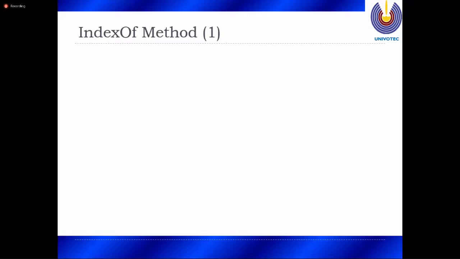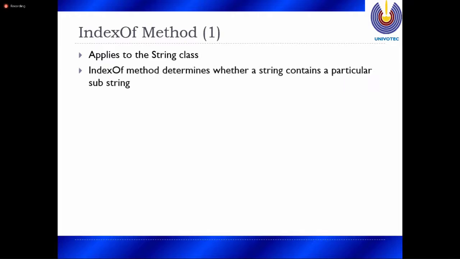Now the IndexOf method. Okay, it applies to the string class. You can apply this to the string class. The IndexOf method determines whether a string contains a particular substring. Okay, I already mentioned the calculator. You press the decimal point. Then you can check the index of in the particular text box.